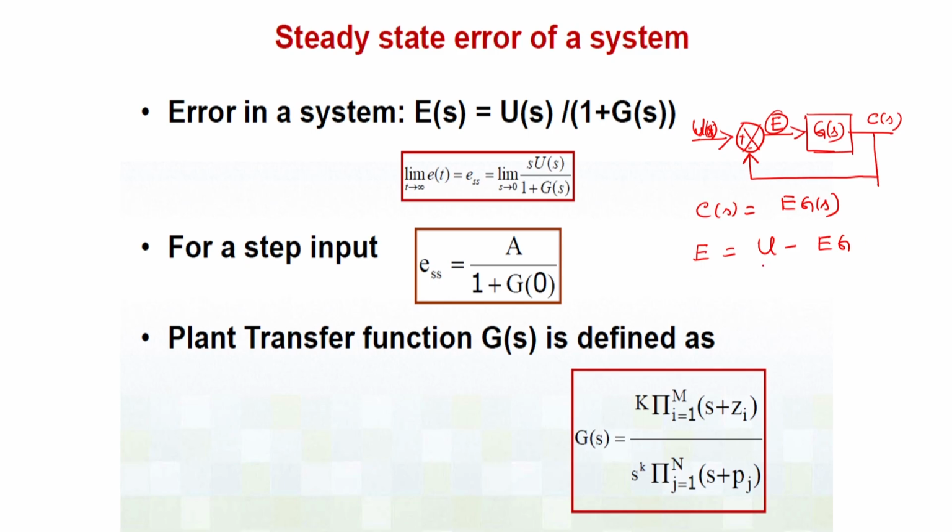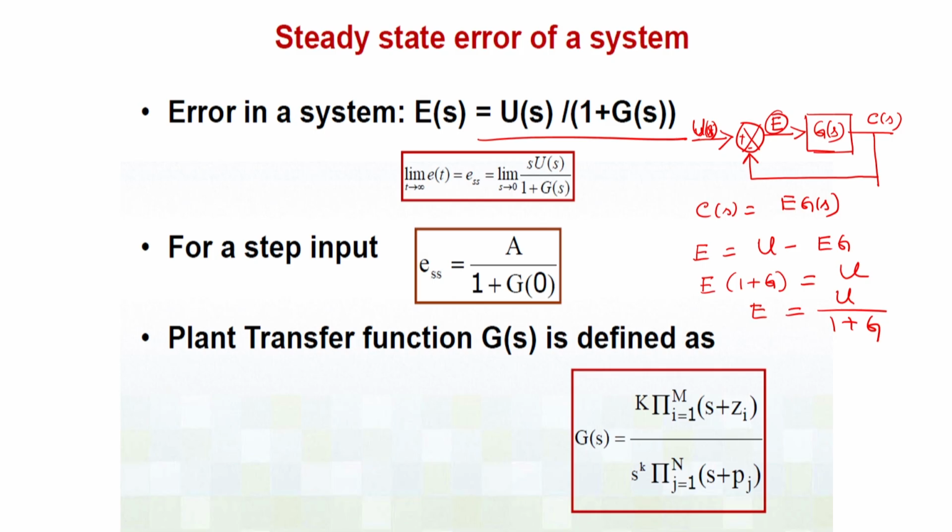So, I can actually write this as E plus E G equals U, that means E into (1 plus G) equals U. So, E equals U over (1 plus G). That is what I have written here, that E(s) is U(s) over (1 plus G(s)).